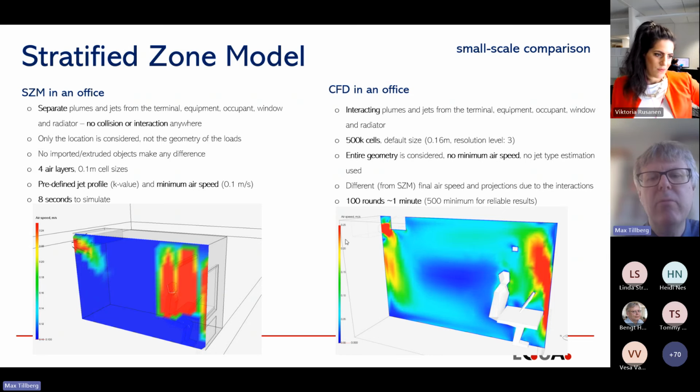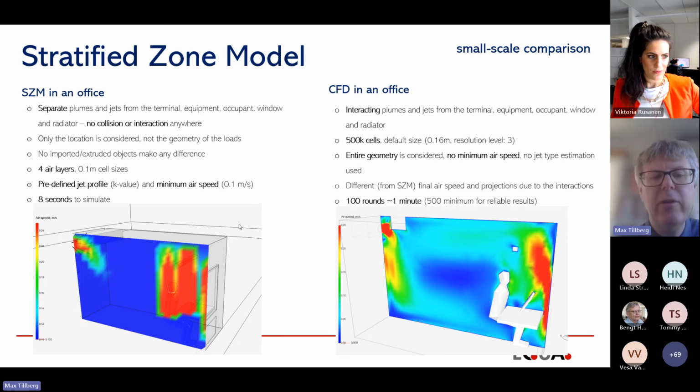It looks a bit different, but in general, it looks kind of the same, but you also get the overall picture that is not shown here, the big airstream moving around. We also see some complexity in the roof here, a small irregularity that is not caught by the new zone model.